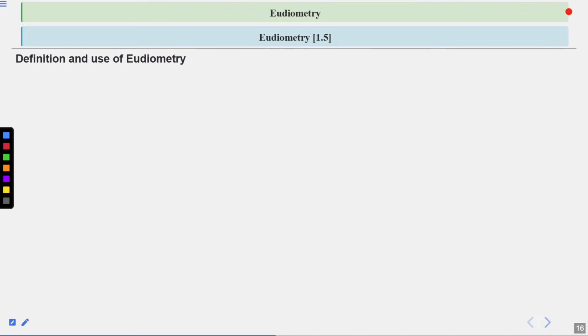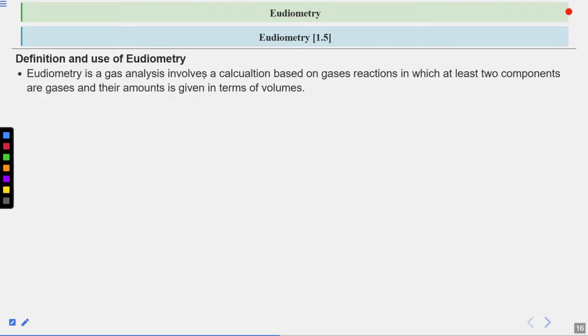So what is the use of eudiometry? We will not go that much deeper into the experimental setup. Our main goal is to solve the question or the numerical. But still I will give you a greater perspective related to it. So it is basically used in the gas analysis that is involved in a reaction. So many reactions involve gases.